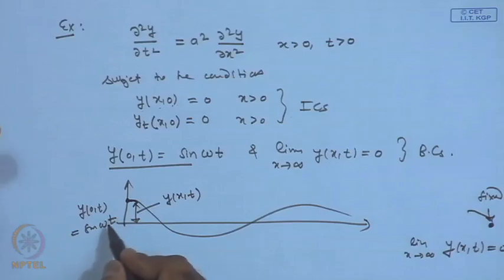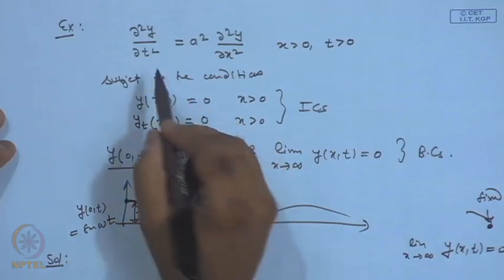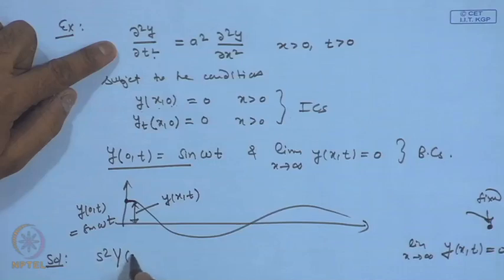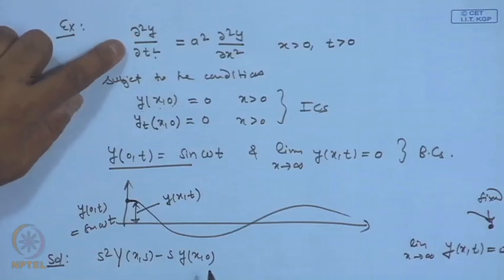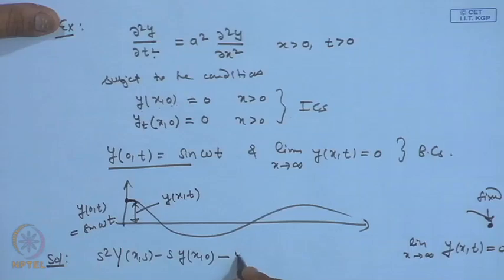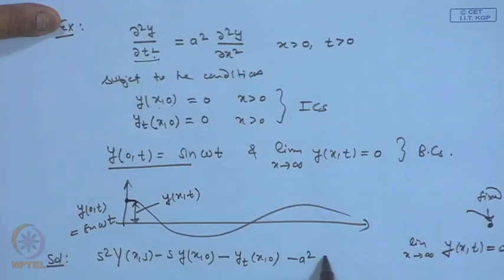As t varies here. So, now for the solution of this wave equation, we again take the Laplace transform. So, we have s square y x s minus s y x 0 minus y t, the derivative with respect to t at x 0, this is the derivative theorem, and then we have minus a square, the second derivative d 2 over d x square, y x s is equal to 0.